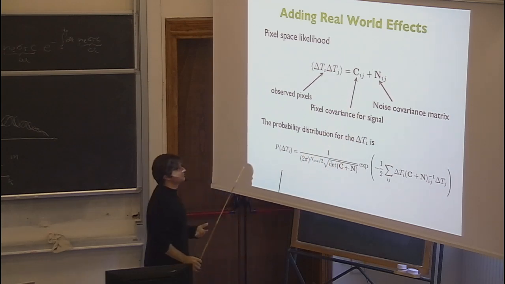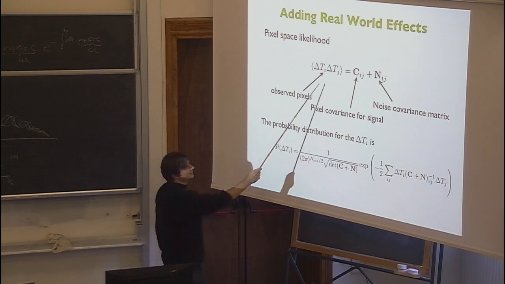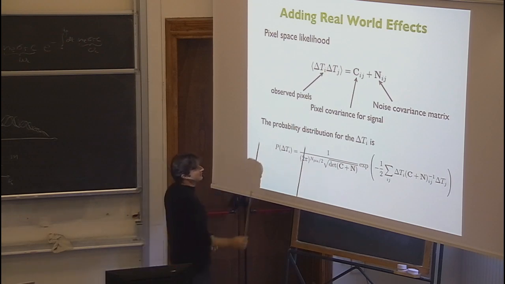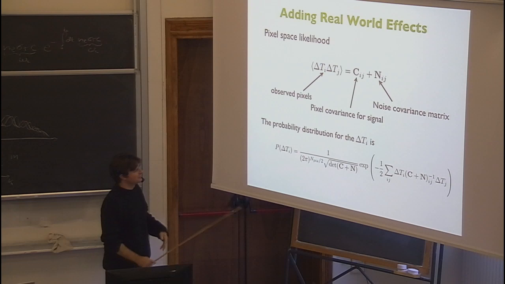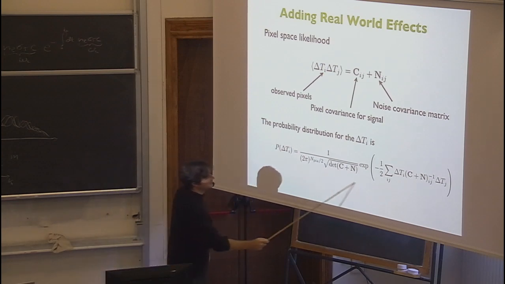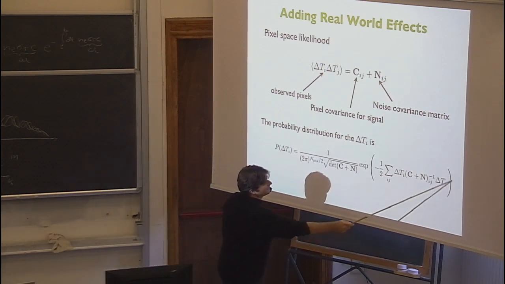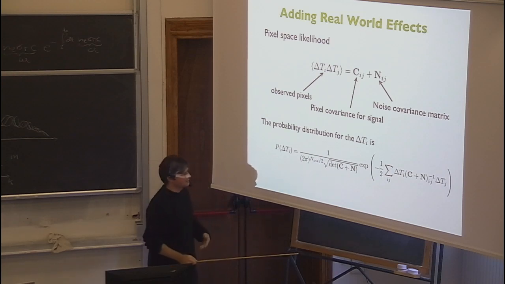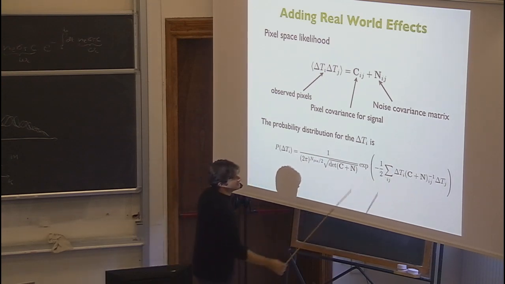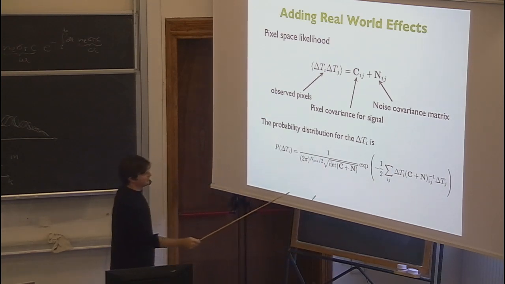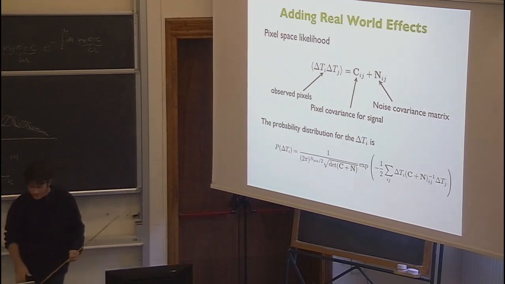It's very easy to include. This also includes masking. In other words, you're only looking at pixels that you didn't mask. So it's very easy to do. And the exact covariance matrix for what you're doing here, including masking, including the noise, including everything, is given here.